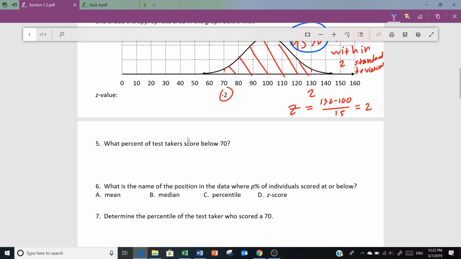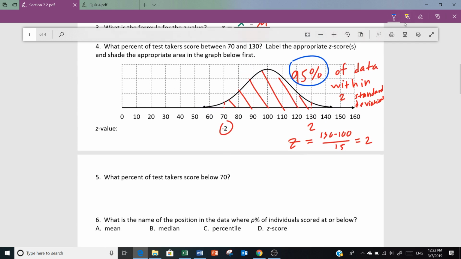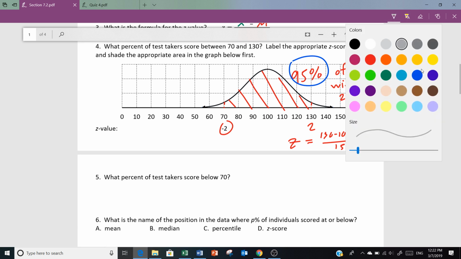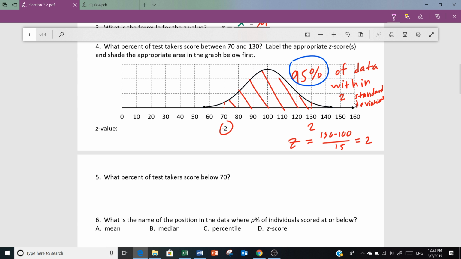Okay, percent of test takers below 70. I want us to shade that area. What's the area below 70? It's this area over here. We know there's 95% between 70 and 130. But what percent do we have below 70?